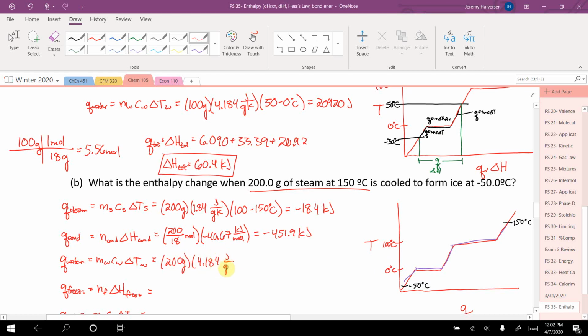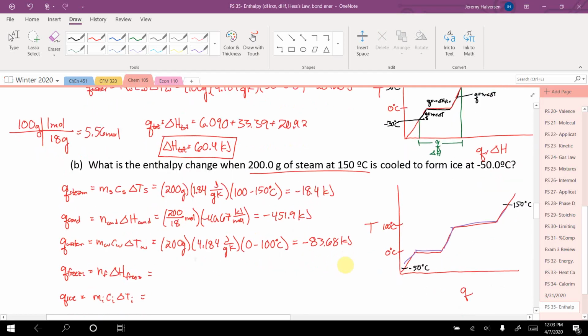All right, we've got our 200 grams of water, 4.184 joules per gram Kelvin, and we're ending at 0, starting at 100. Right, this whole line right there. And I get negative 83.68 kilojoules.